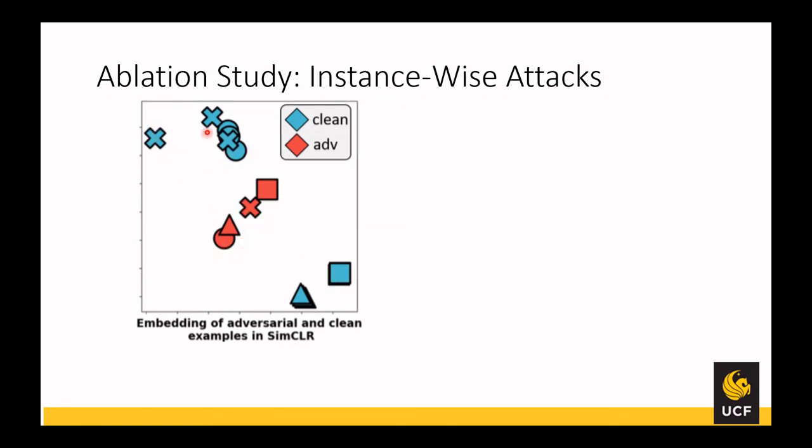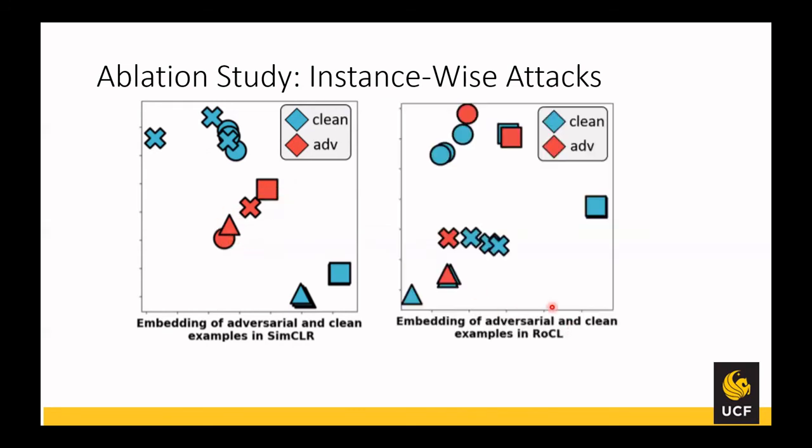But what we see is these classes are kind of on top of each other. And also the clean images are lumped together and the adversarial images are lumped together separately. When we look at this for ROCL, you can see that these classes start to merge together, which is way better. And we also have the adversarial examples with the clean images. So this is a much better representation.